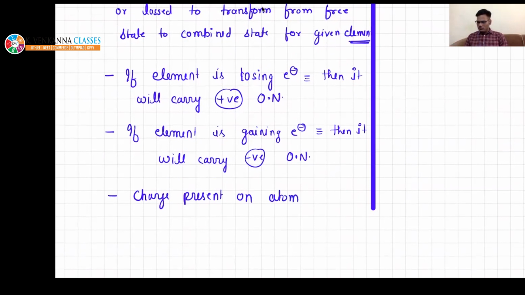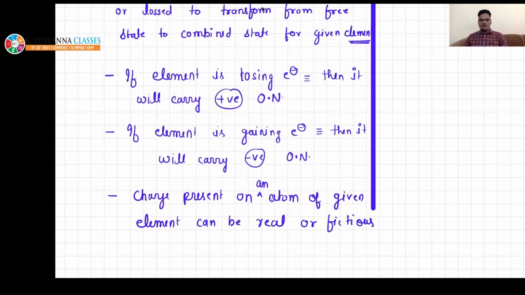The charge present on an atom of a given element can be real or fictitious. Fictitious means hypothetical. It can be hypothetical, that in reality it does not exist. So is this statement clear or not?